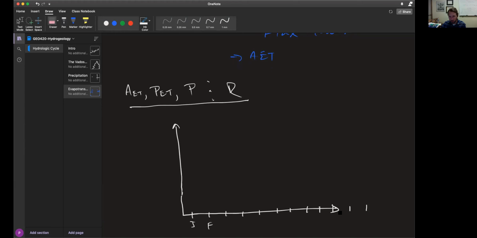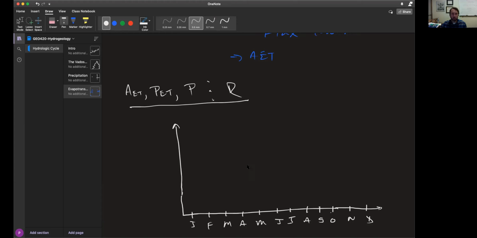Do a little erasing here. March, April, May, June, July, August, September, October, November, December. So here's a year.